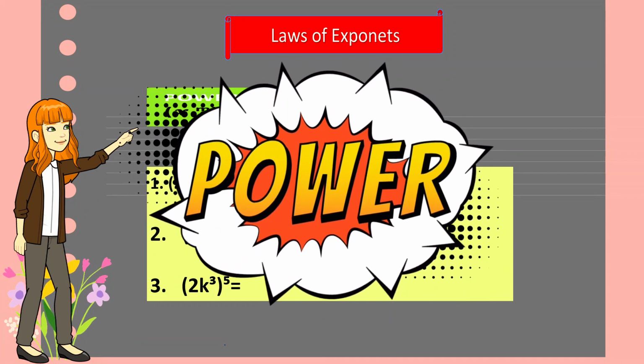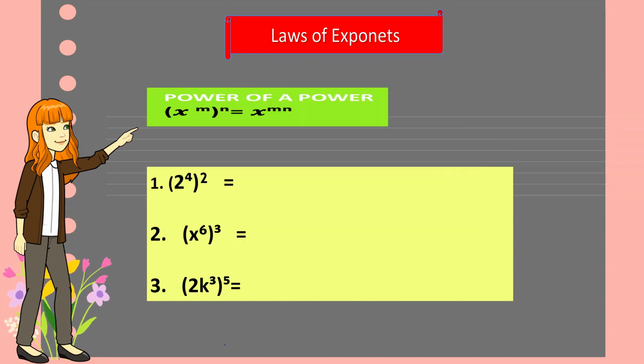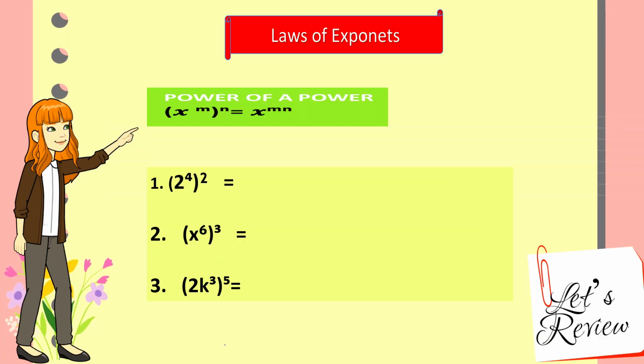Power of a power. In power of a power, you have an expression having a power and it is raised to another power. So it is equal to x raised to the product of m times n. So example 1. The base is 2 and then the exponents are 4 and 2. We will multiply 4 times 2.